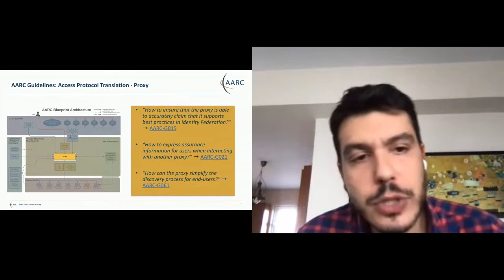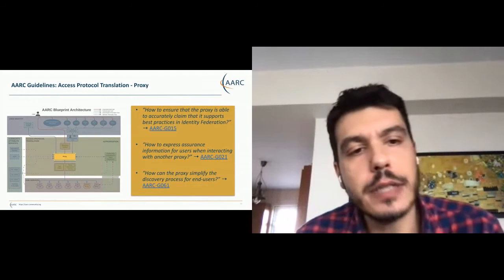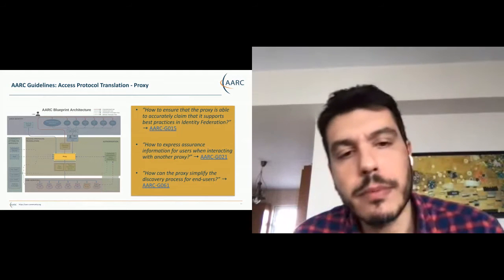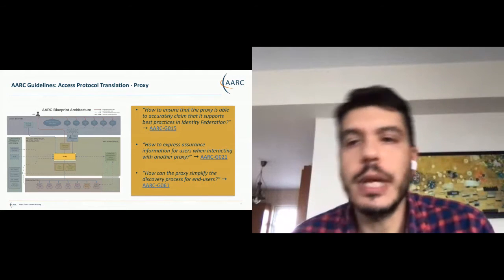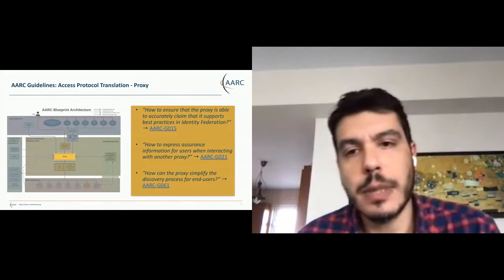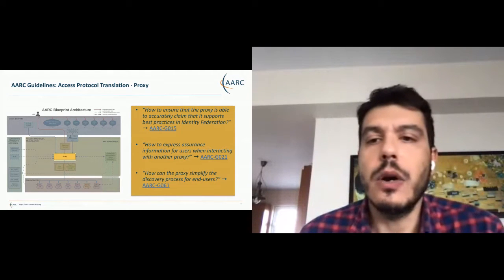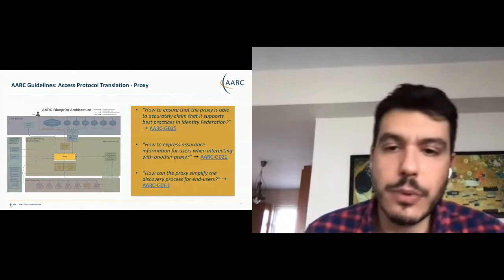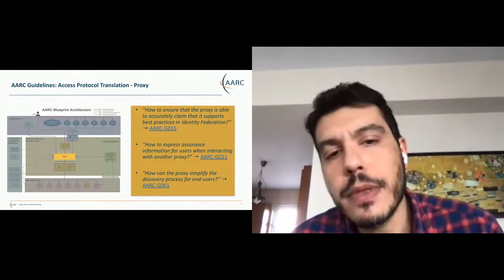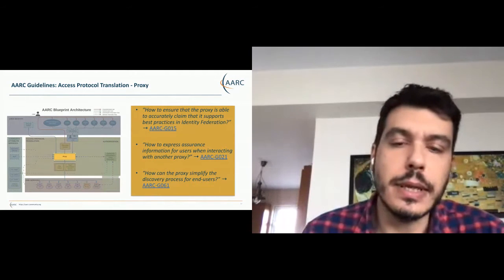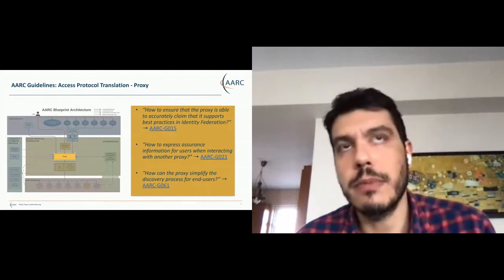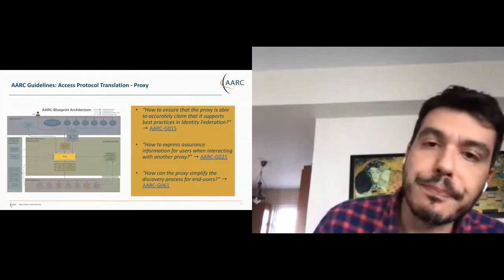Specifically for the proxy component, which is part of the access protocol translation layer, there are guidelines for how the proxy can claim that it supports some best practices. Also, how to express the assurance information when interacting with another proxy. Also, how the discovery process can be simplified, and this is through a guideline that proposes an IDP hinting protocol.